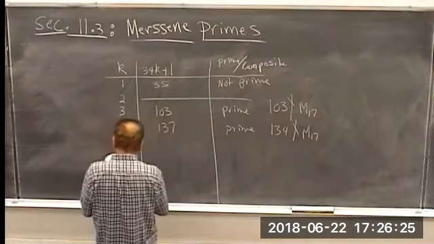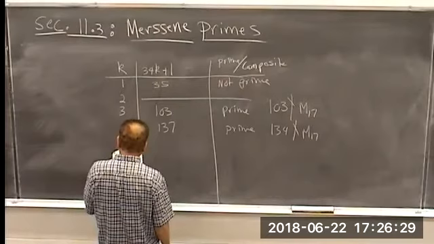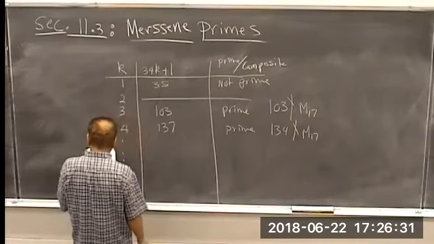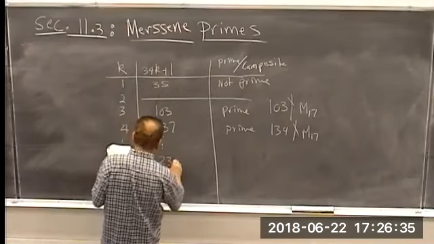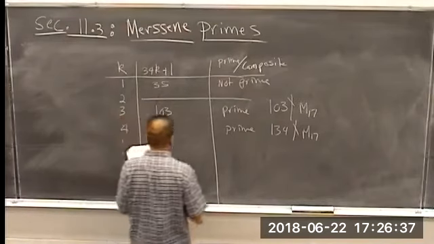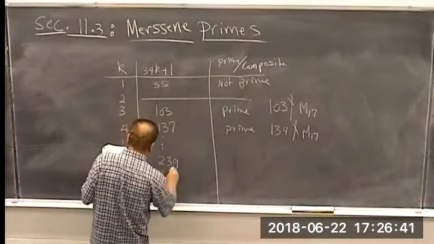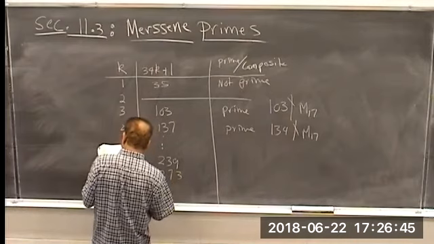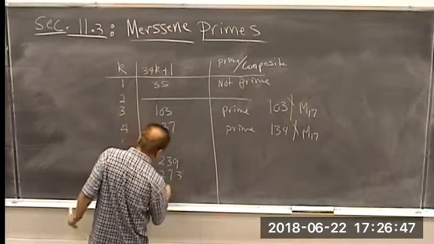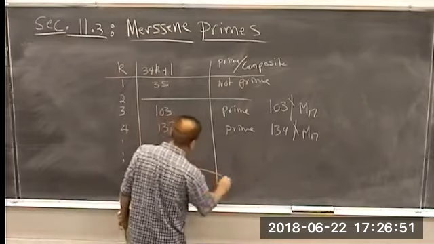There are 2 more primes that come out of this: 239, all right, and 273, and also 307. And all of these are primes.